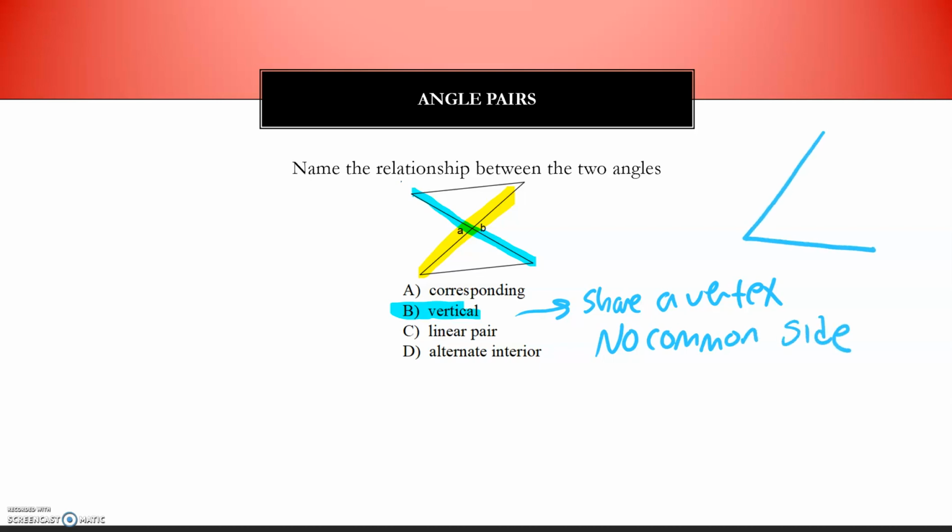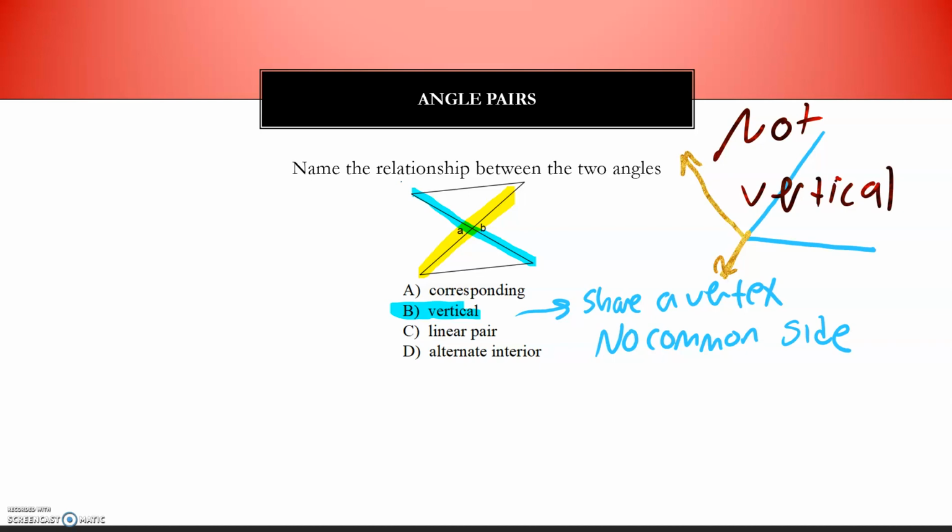Now, if you have that, and I'm just drawing a random angle here, I don't have vertical angles in that case, this that I've drawn here. So it's not any angles that share a vertex and a common side, but that is the basic definition.